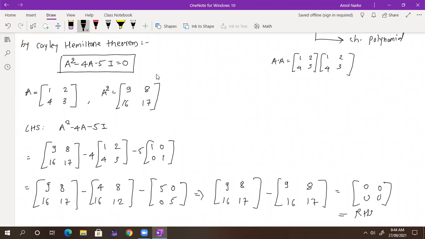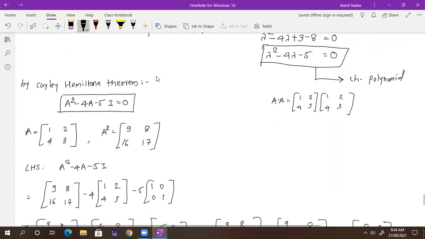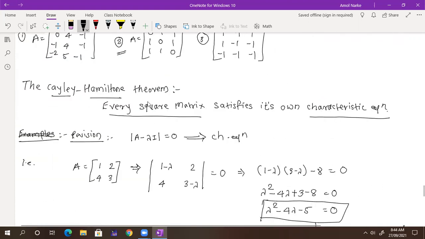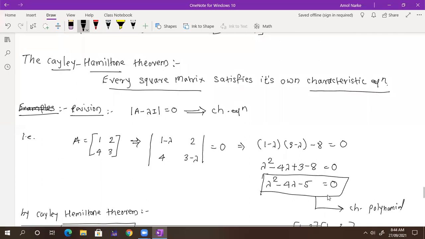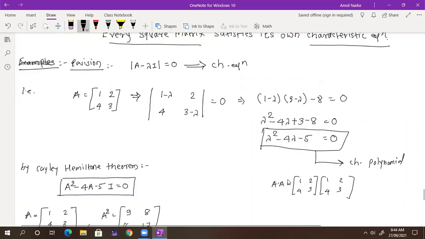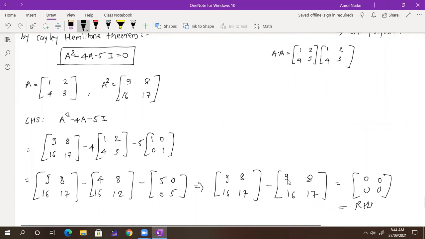Any doubts on the Cayley-Hamilton theorem? It's very easy. Just keep the statement in your mind that every square matrix satisfies its own characteristic polynomial. First find the characteristic polynomial and directly substitute, instead of lambda, the matrix A.